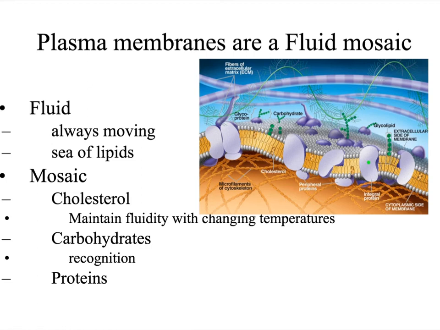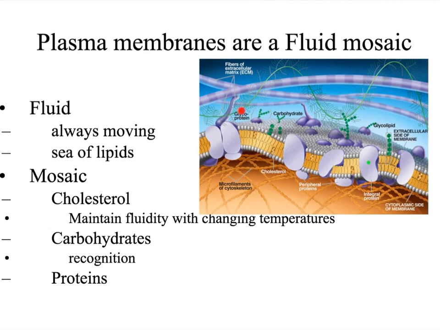So here's another picture of our plasma membrane, and we can see that it's a mosaic. So just like in art, when you have a mosaic made up of lots of little pieces that are different, a plasma membrane is made up of phospholipids. It's the primary component. We also see proteins, these big purple globs. We have some cholesterol embedded in the phospholipids. And this helps with fluidity, keeps it from freezing or becoming too liquidy.